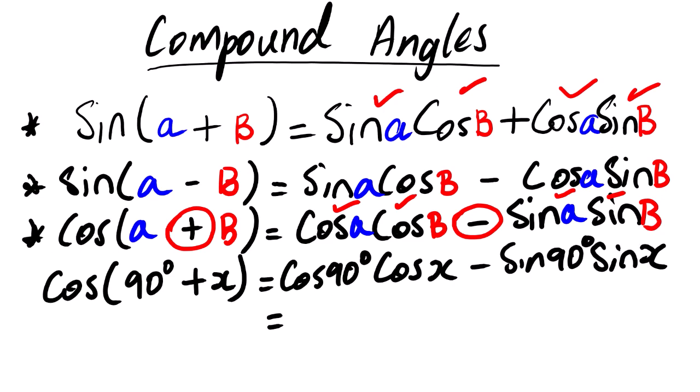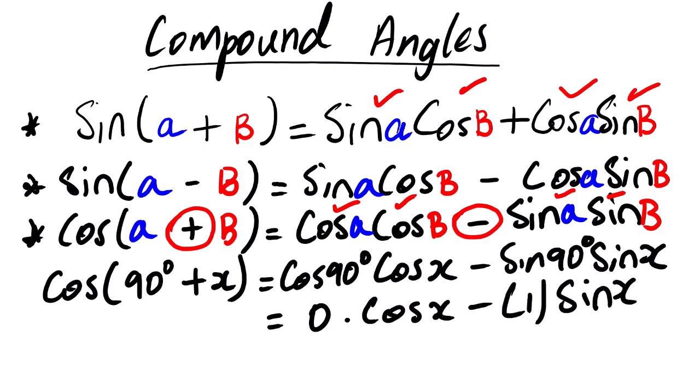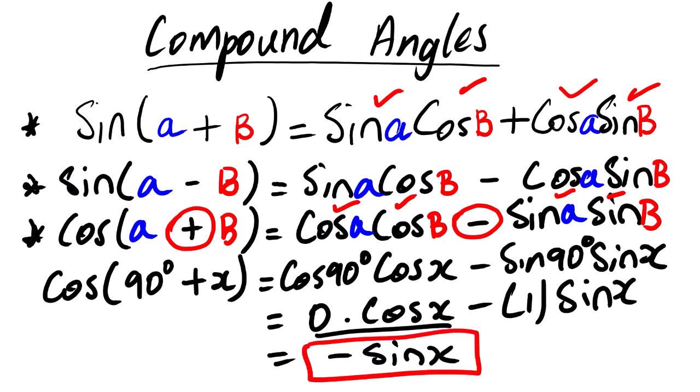So cos 90 is equal to 0 multiplied by cos x, sine 90 is equal to 1, sine x. So this will be equal to 0, and then we have negative sine x. This is how we actually apply this equation.